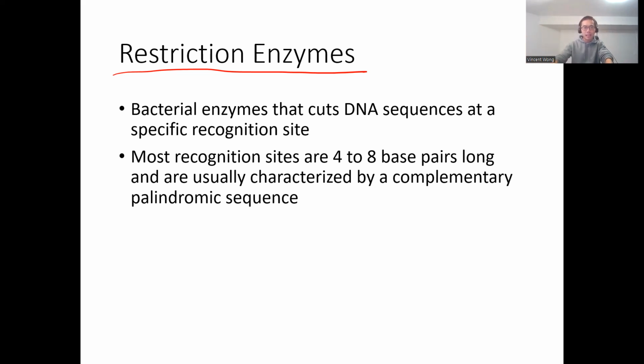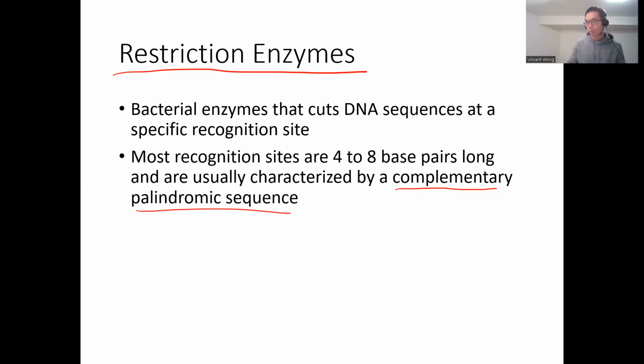And the way it does it is to recognize sequences that are 4 to 8 base pairs long, and they are usually special because they have complementary palindromic sequences. So what does that mean? Well, you know what complementary means already, right? Like ACTG, the pairing rule.